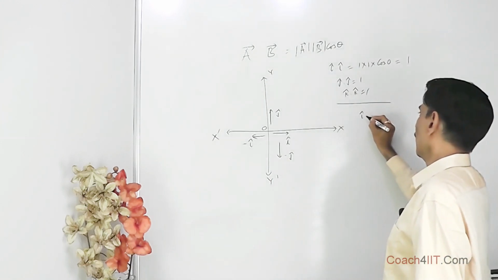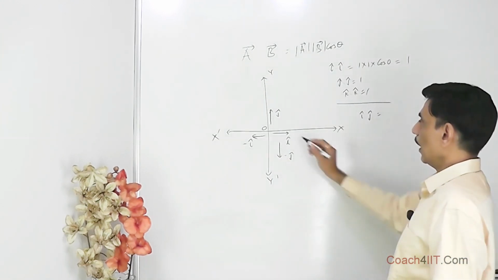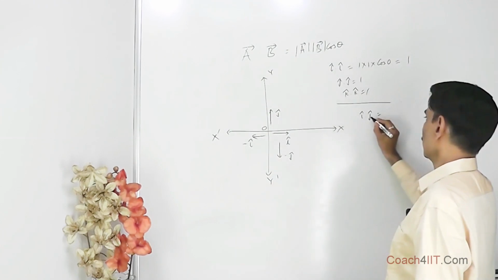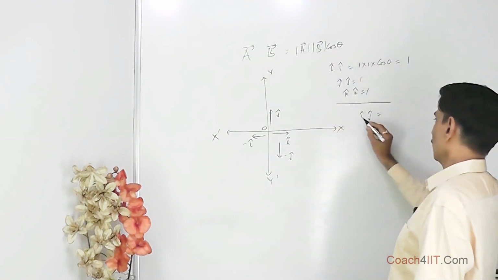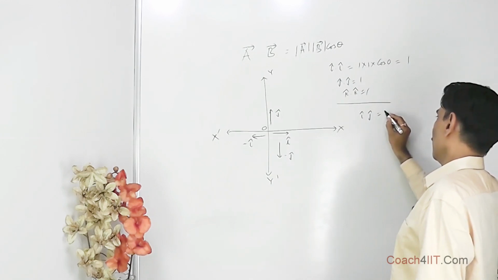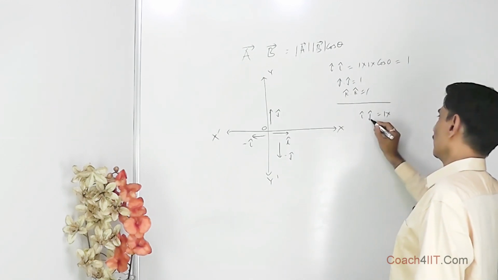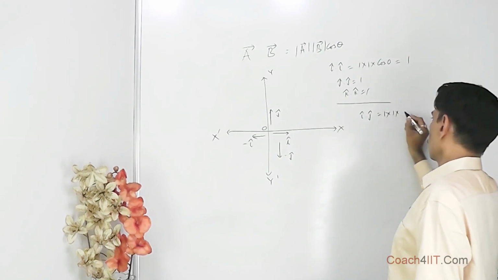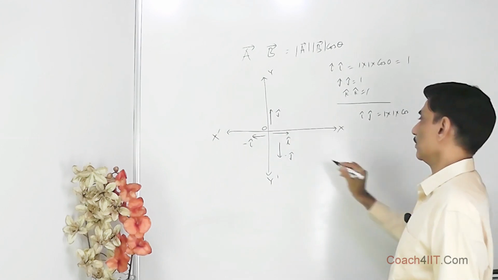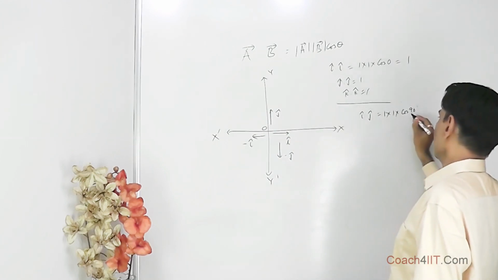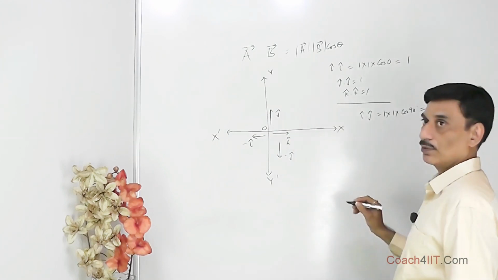Now if we take I dot j, the magnitude of A dot B is the magnitude of A into the magnitude of B into cos theta. The magnitude of I cap is 1, the magnitude of j cap is once again 1, into cos of what? The angle between I and j, the x and y axis, is 90 degrees. Cos 90 is 0, so this comes out to be 0.